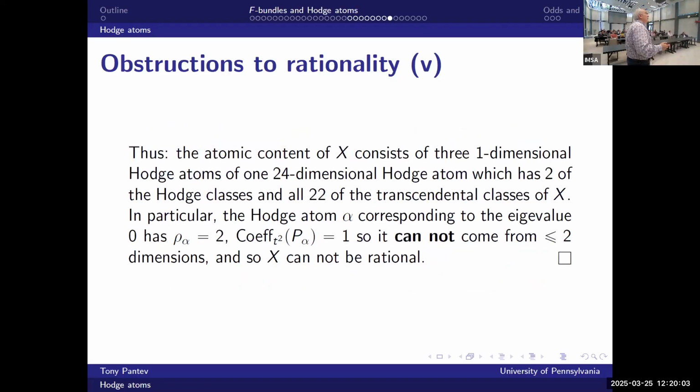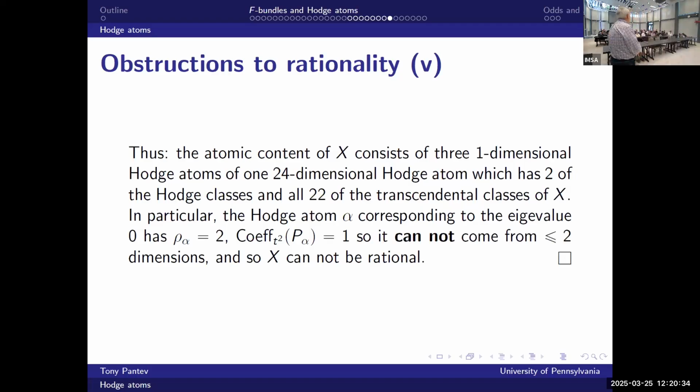But you don't even need that. But let me do the argument this way. Already, just the statement of the algebraic classes gives you everything for the non-rationality, but let me just do the statement this way. So you have these 3 one-dimensional atoms that look like atoms at a point, and this 24-dimensional atom, which has 2 algebraic classes and 22 transcendental.